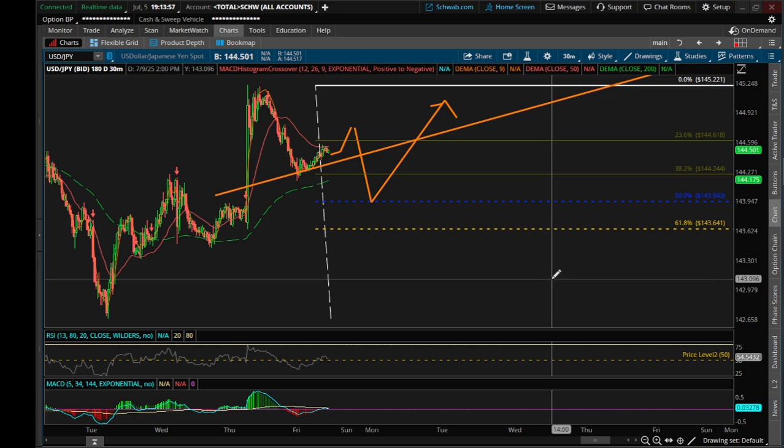Well, that's a terrible arrow, but you get the idea. So, like I said, I hope that helps.